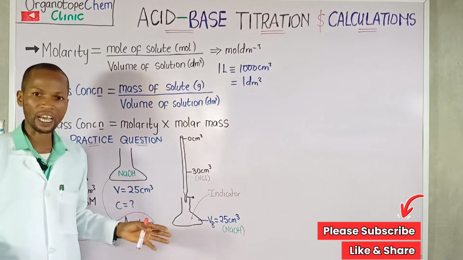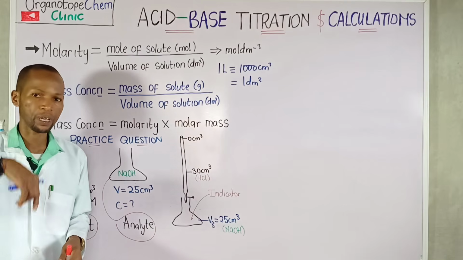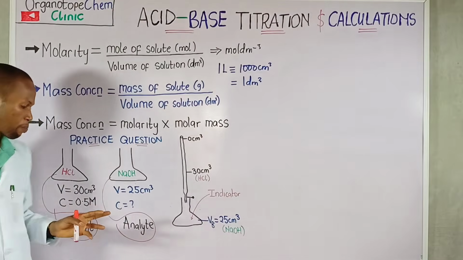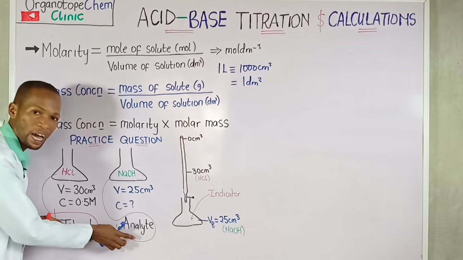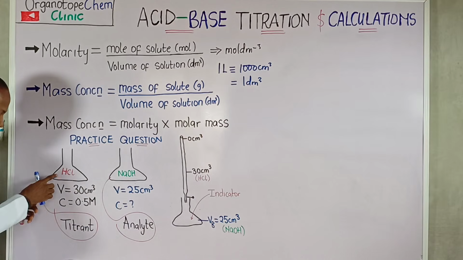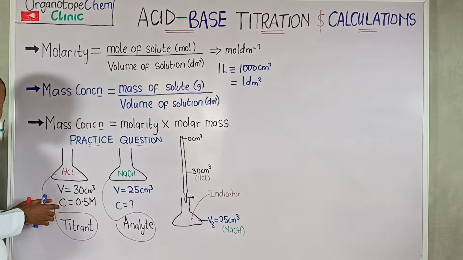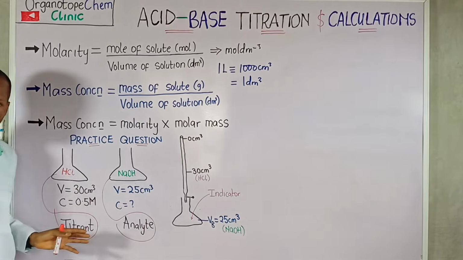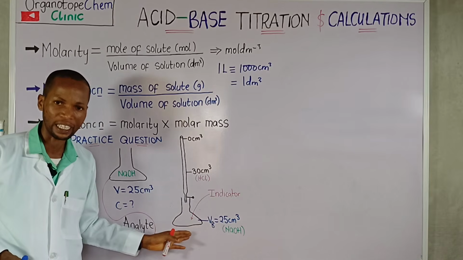Before the start of the titration, we introduce an indicator into the base. Since the concentration of the base is unknown, the base, which is sodium hydroxide, is our analyte, while the acid is the titrant, because the concentration of the acid is known right here. That's 0.5 molar. So we are titrating the titrant against the analyte.